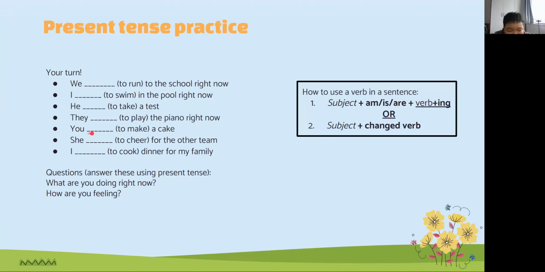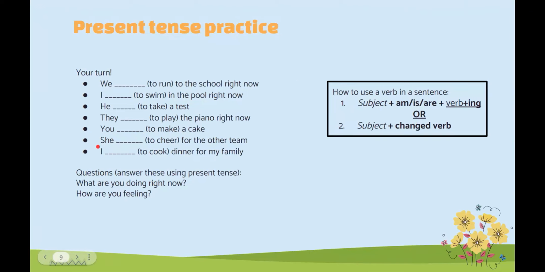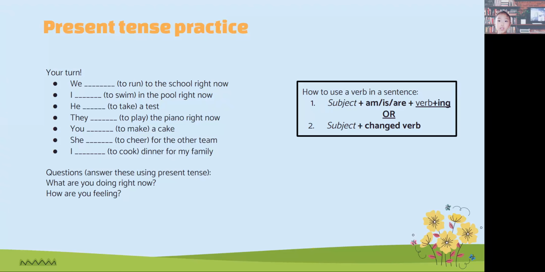You are making a cake right now. Very good. That's exactly correct. Good job. Sophia, can you do this one? She is cheering for the other team. Exactly. But this is cheering.